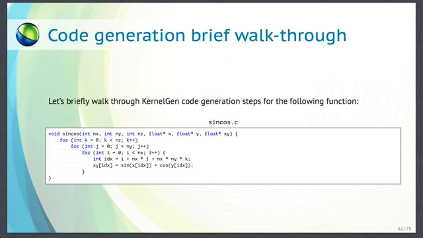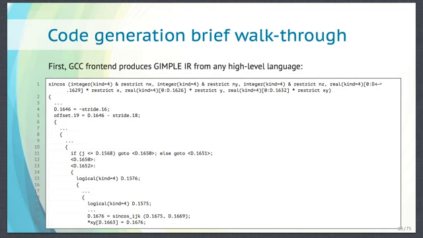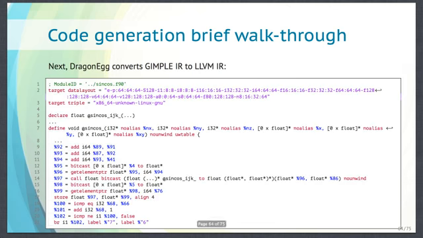Let's briefly walk through the KernelGen code generation steps. This is a simple function. This is the Gimple form. Gimple is used as an intermediate representation by GCC. We are not using Gimple directly, but we use DragonEgg to convert Gimple further into LLVM IR.